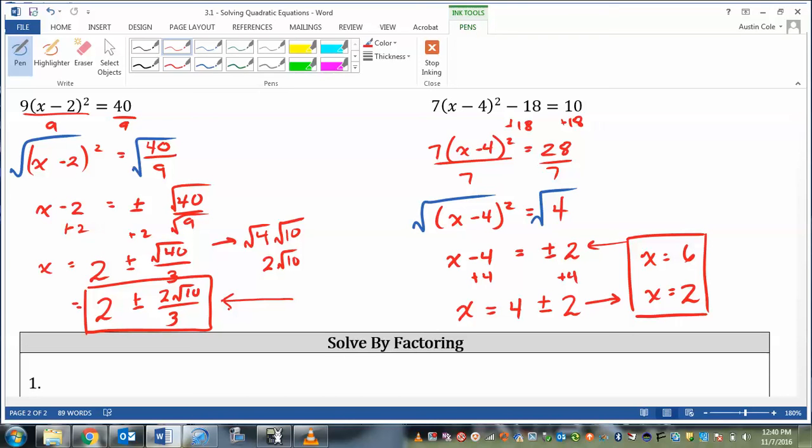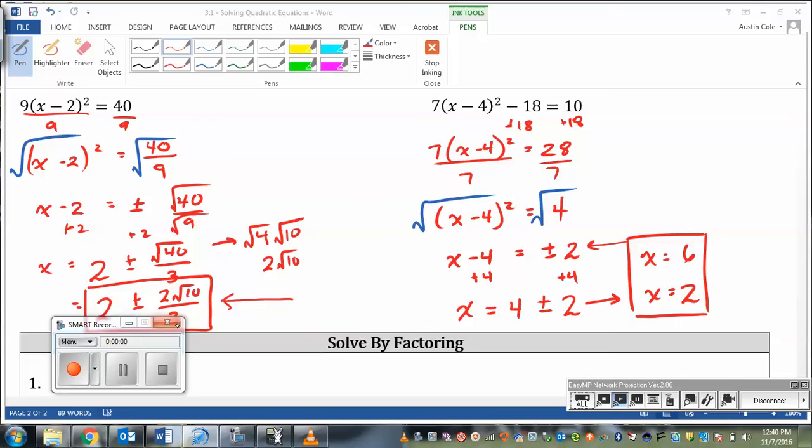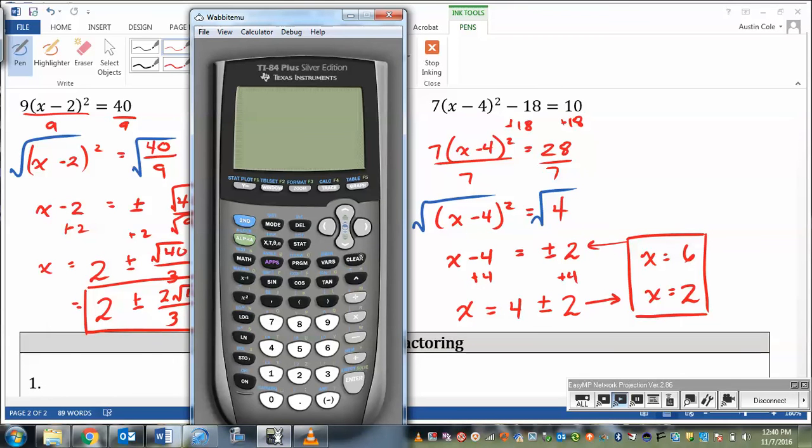Okay, let's do this in our calculator, just so you guys get the idea here. I'm going to do 2 times the square root of 10, and I'm going to hit enter. I'm just doing this so you guys get the idea of what this number actually is. I'm going to divide that thing by 3. So, 2 square root of 10 over 3 is that thing.